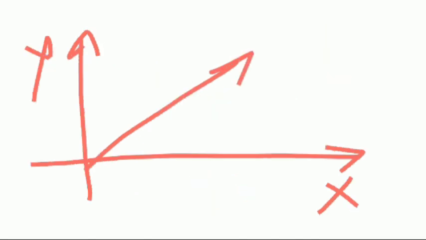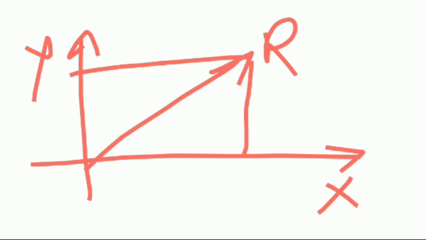When we are resolving, suppose this is vector r, then here we get an angle theta. Sometimes we need to calculate this angle. So from the trigonometric ratio we can calculate tan theta. Tan theta is the side opposite to the angle divided by the side adjacent to the angle.